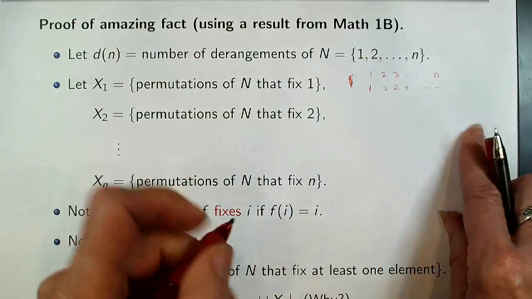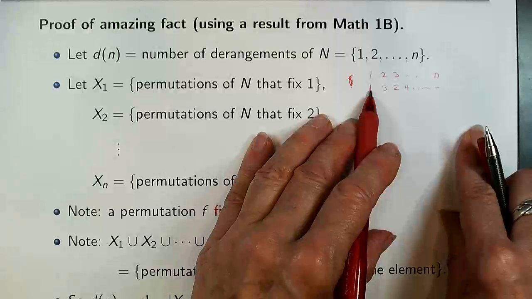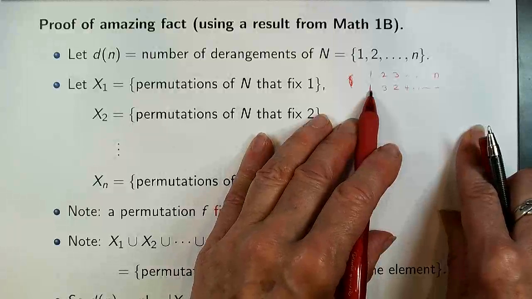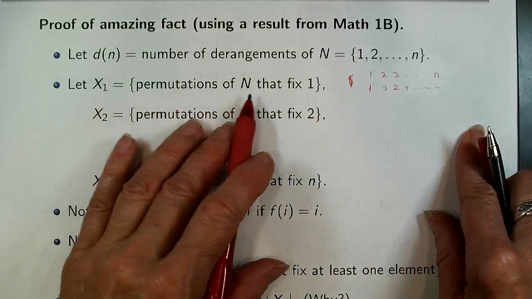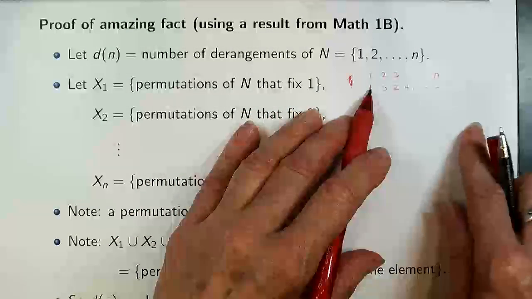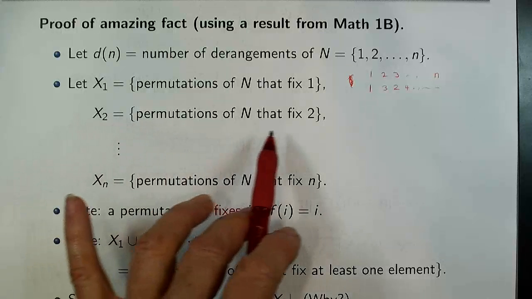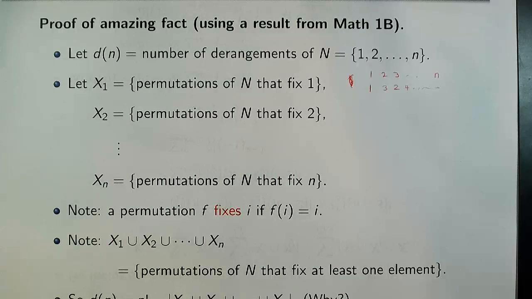But if 1 is fixed, imagine it's glued in its spot so it couldn't move. So X1 is the set of permutations that leave 1 where it was. You can do anything with the other numbers. And X2 is the set of permutations that leave 2 where it was, and so on.